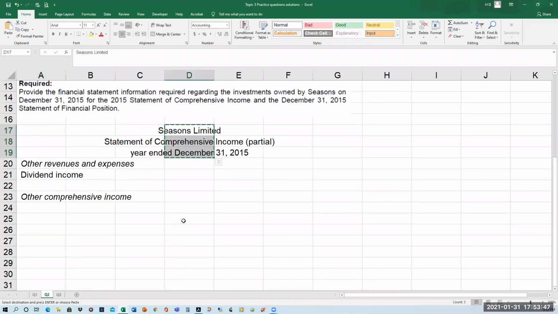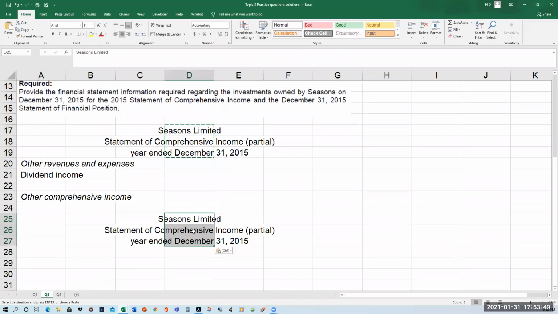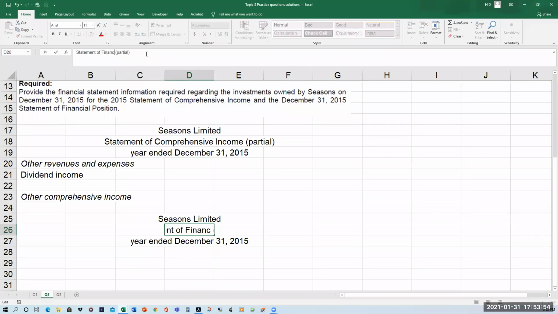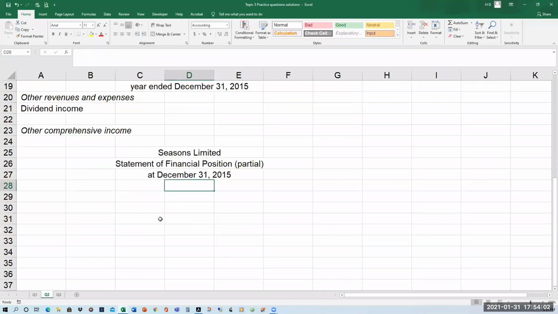And the next bit is the statement of financial position. The thing to remember here is that the investment will be reported as a long-term investment.